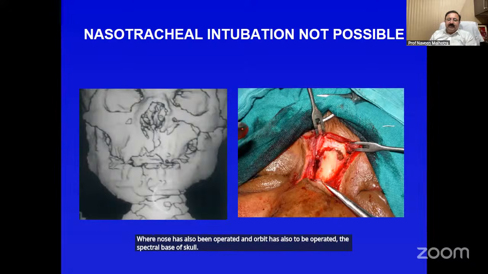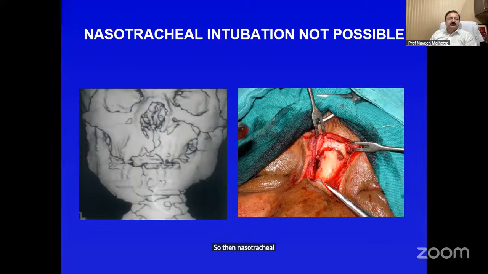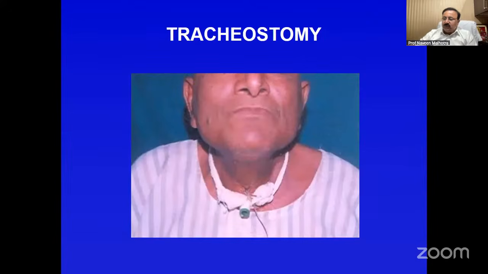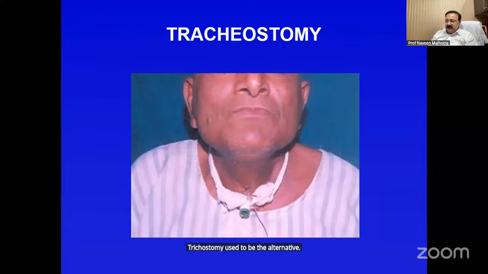Then nasotracheal intubation is not possible. Tracheostomy used to be the alternative in such cases, perioperative tracheostomy, but we all understand that it is associated with immediate, early, late, and delayed complications.